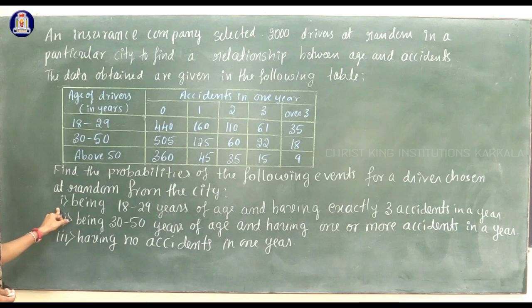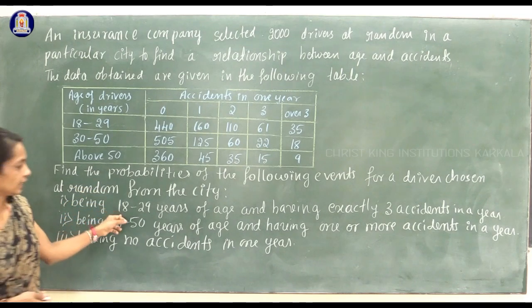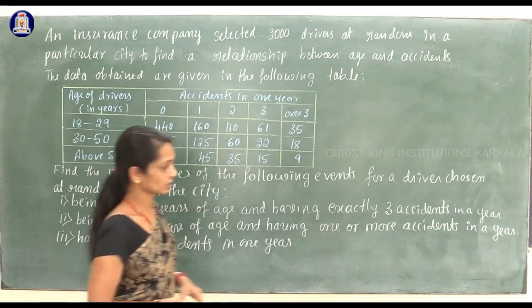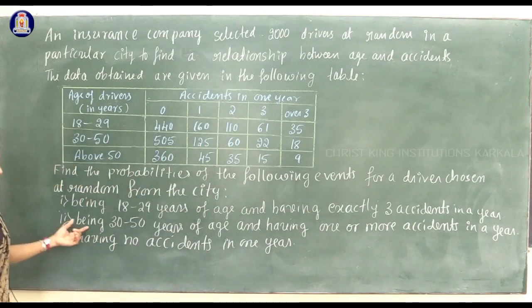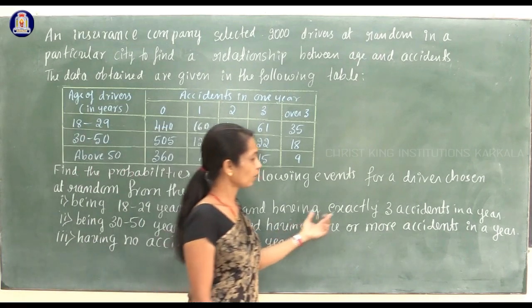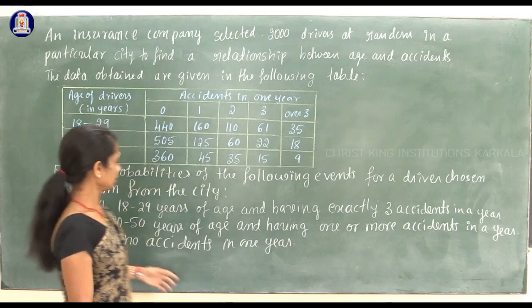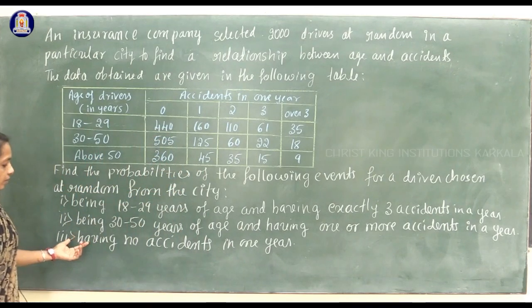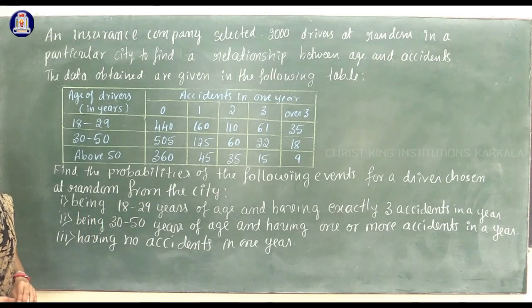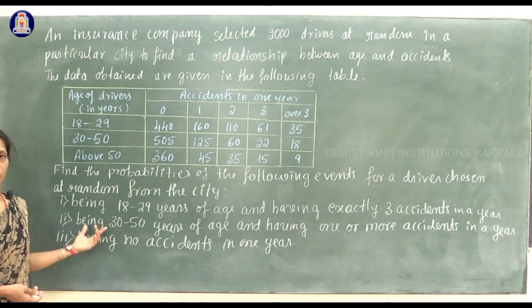First, the driver being 18 to 29 years of age and having exactly 3 accidents in a year. Second, being 30 to 50 years of age and having 1 or more accidents in a year. Third, a driver having no accidents in 1 year.